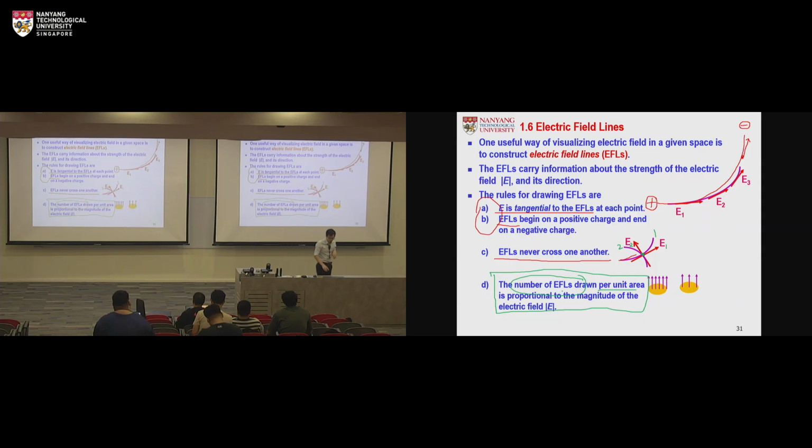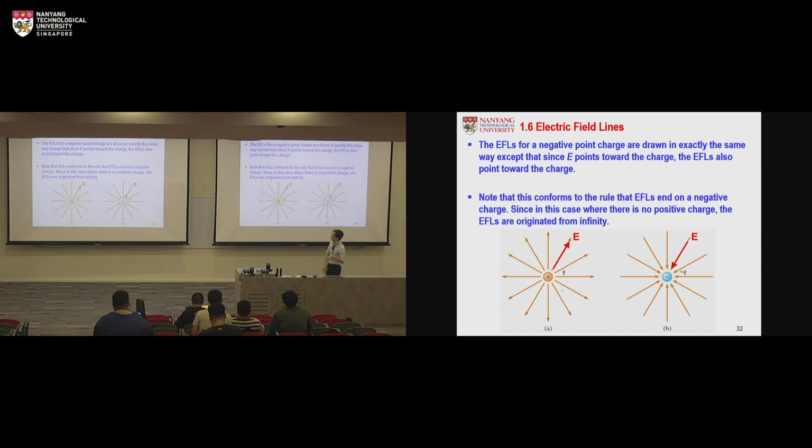So this is about electrical field lines, the general rules. Of course, then we can come to some typical charges we discussed. The simplest scenario is the electrical field lines for 1 positive charge or 1 negative charge. Again, this is going to be the starting point, right?